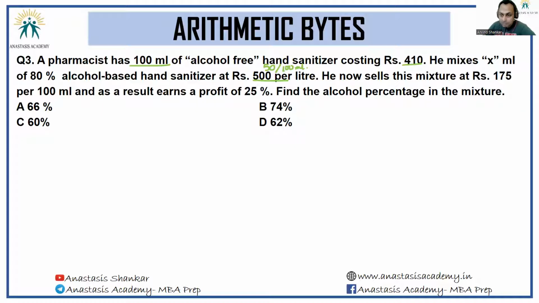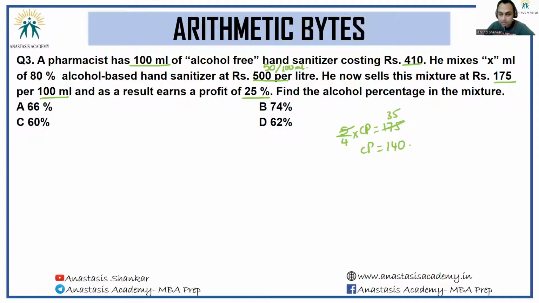He now sells this mixture at rupees 175 per 100 ml, and as a result earns a profit of 25%. So 5 by 4 of CP is equal to 175. Cancel, 35. So CP should be 140.